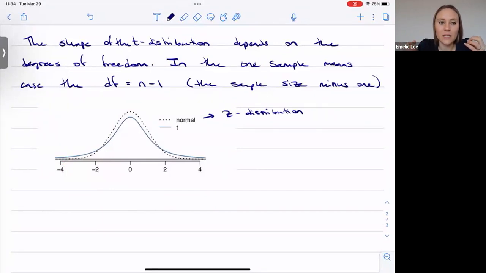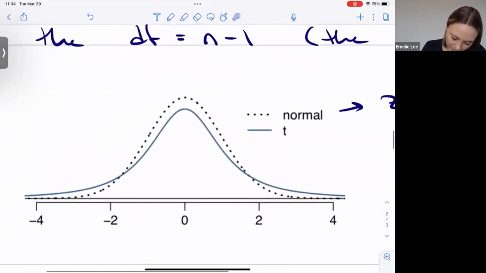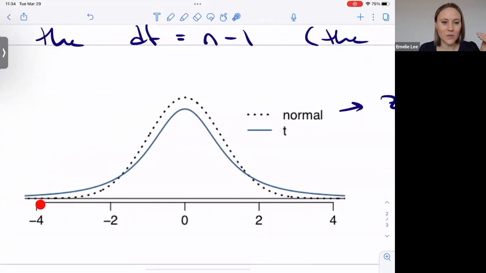Notice that this dotted line goes very tight on the curve. We remember that these tails don't actually touch the axes at any point; they go to negative infinity and positive infinity, but that area is very, very small.